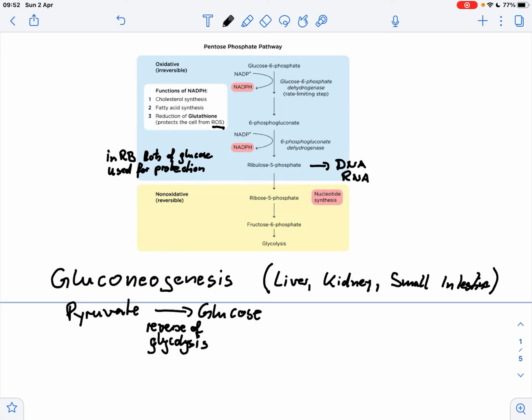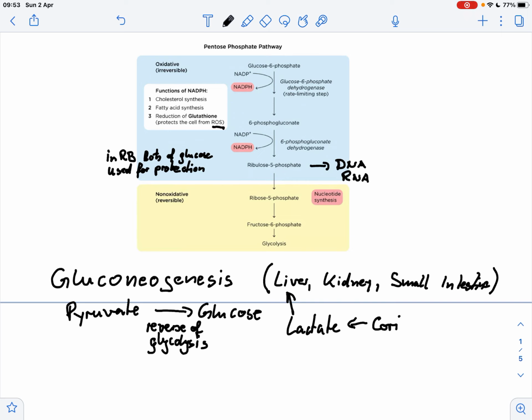gluconeogenesis. In the liver, the main substrate actually for gluconeogenesis is not pyruvate, it is the lactate. And we know that this lactate actually comes from the Cori cycle, where muscle and red blood cells deliver lactate that they produced during glycolysis.